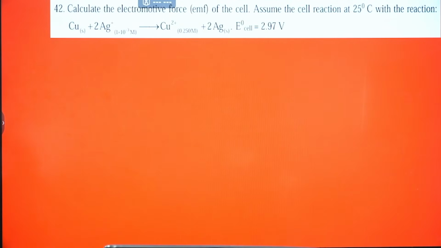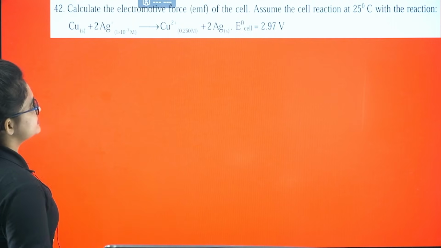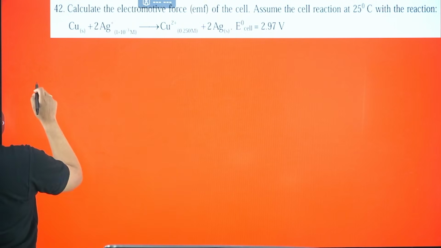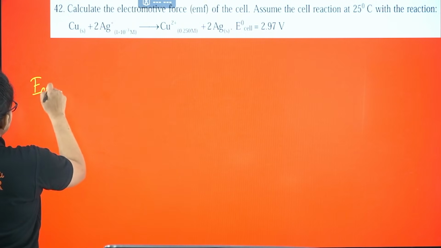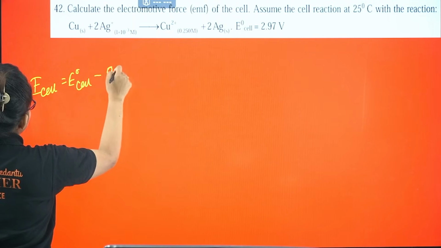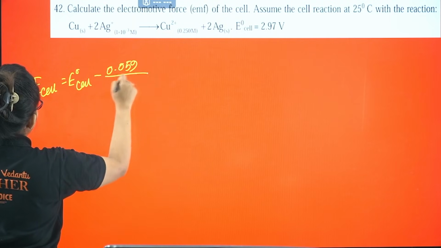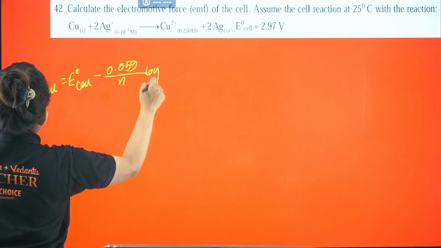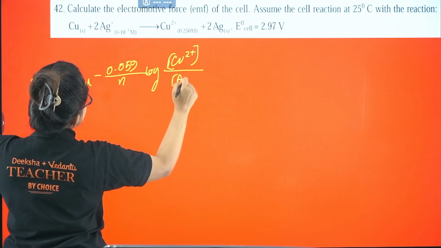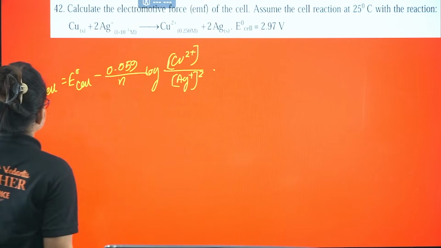Okay, let's proceed further. For this case, what you have to do? Calculate the electromotive force of the cell. Assume the cell reaction at 25 degrees Celsius with this reaction. We can simply use the Nernst equation out of it. So E cell equals E0 cell minus 0.059 divided by n log Cu2 plus by Ag plus whole square, right?